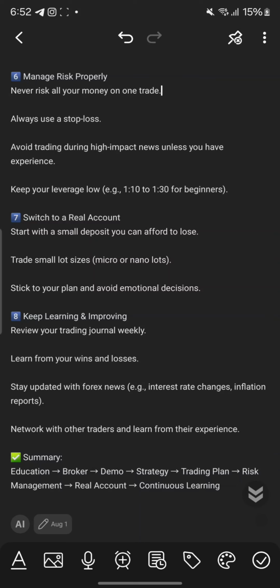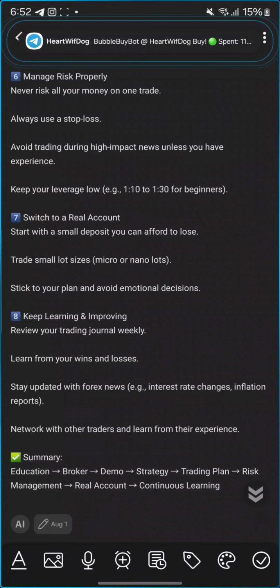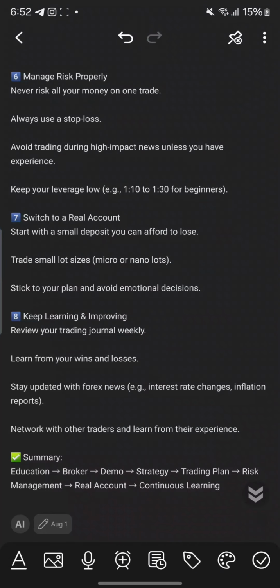Now, keep learning and improving. Review your trading journal weekly. That's to say you must have a journal where you write out your losses and your profits. If you had a losing trade today, you want to find out why you lost this trade. What happened? And the moment you know it, you write it down.